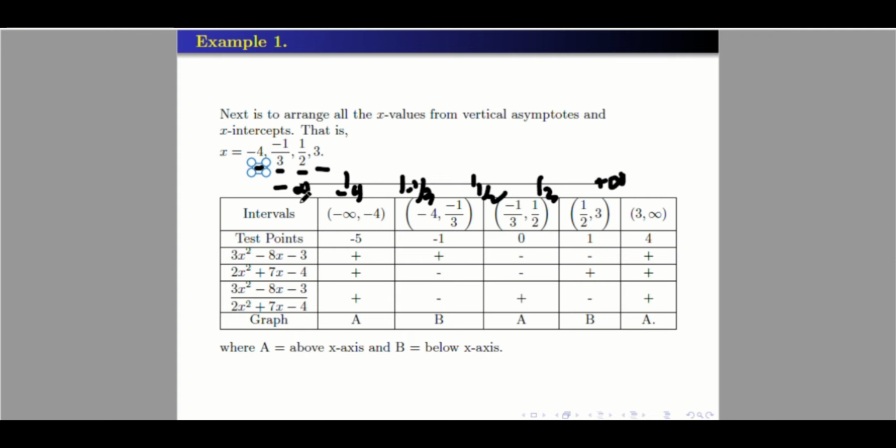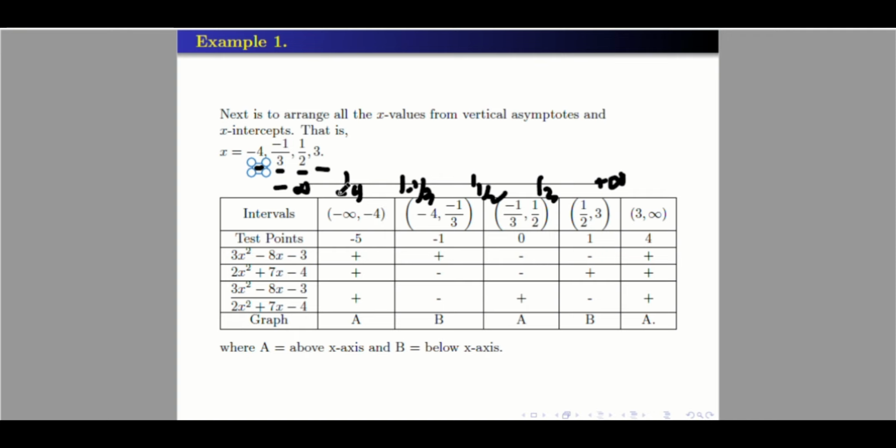But this time for the intervals, we will only be using parentheses. Brackets or parentheses will not be that important anymore because we'll just be connecting our points and drawing lines later. So just use parentheses for the intervals.